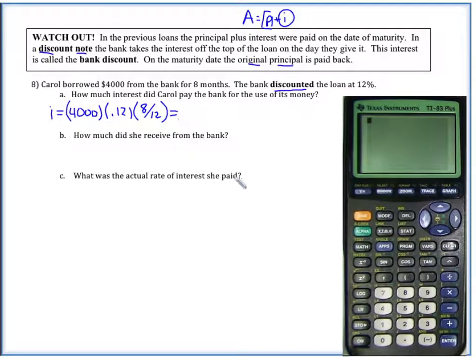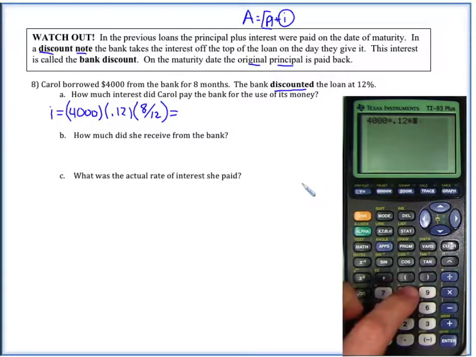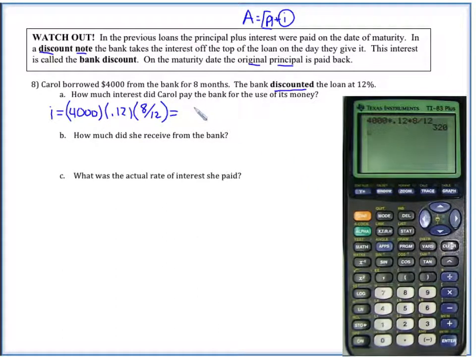And so we'll calculate this. We got 4,000 times 0.12 times 8 divided by 12, and it's $320. So the amount of interest that Carol paid here was $320.